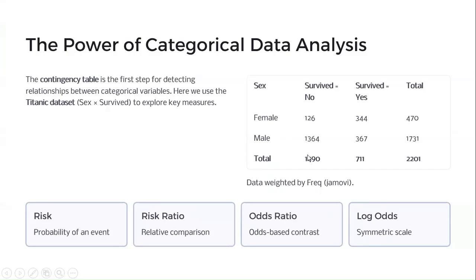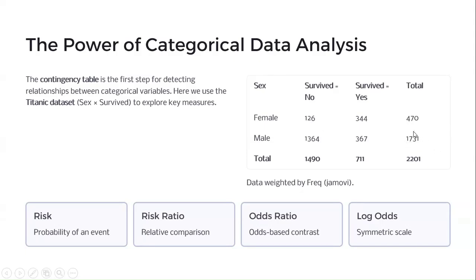This table shows that in the Titanic data in Jamovi, after weighting by the variable frequency, among 470 females, 344 survived and 126 did not.